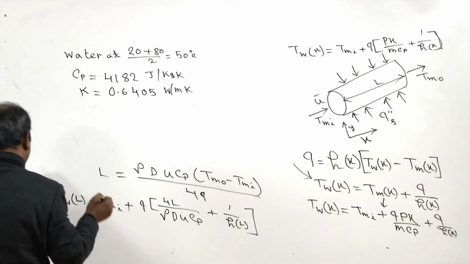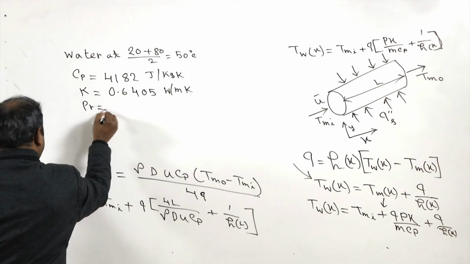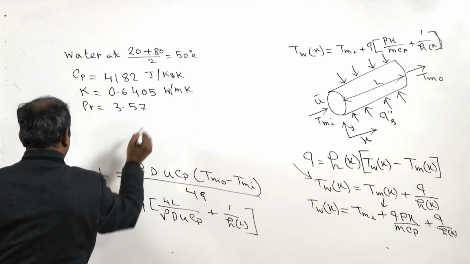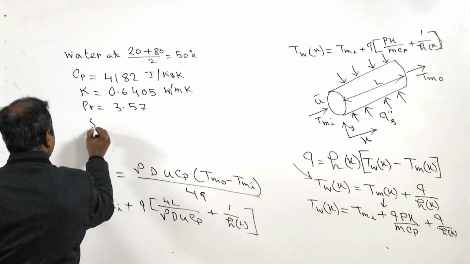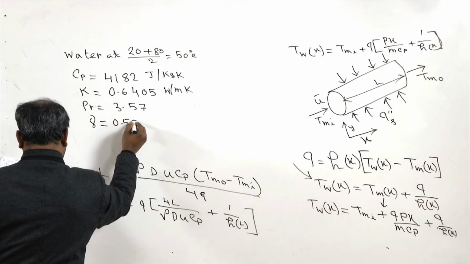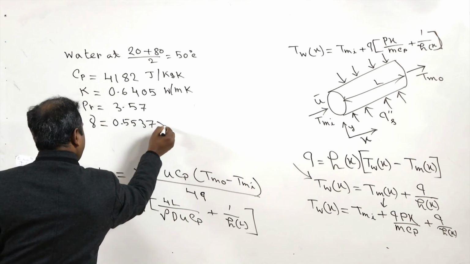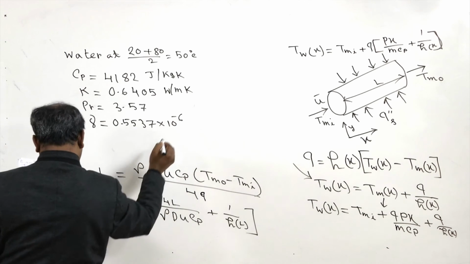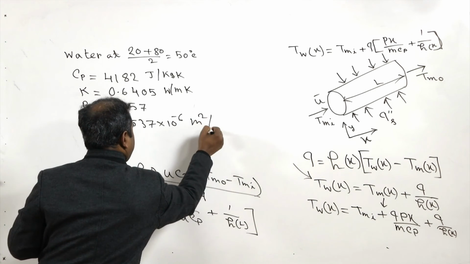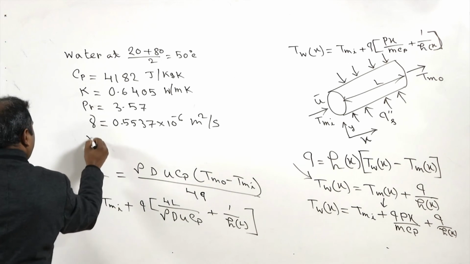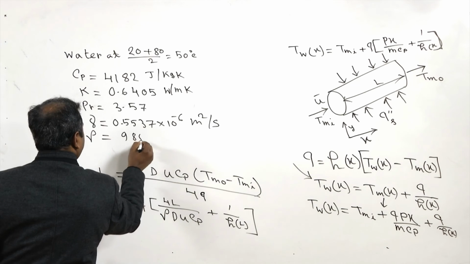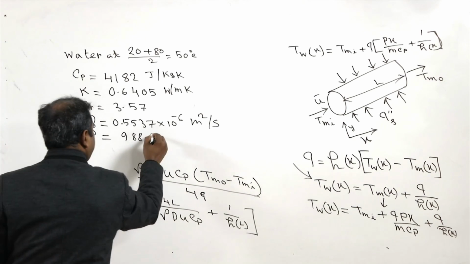Then the Prandtl number, which is 3.57 at 50 degrees for water. Then nu, which will also be required: 0.5537 into 10 to the power minus 6 meter square per second. And then rho, density, which will obviously be required: 988 kg per meter cube for water at 50 degrees.